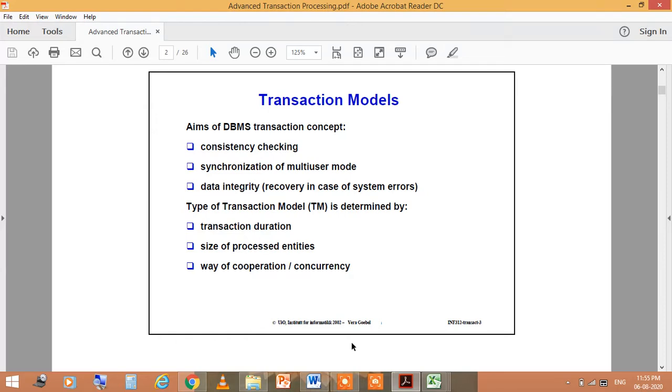So the aim of the DBMS transactions concept is consistency checking, synchronization of multi-user mode, data integrity, recovery in case of system errors, and then the types of transaction models, that is TM in short. This is determined by transaction duration, size of process entities, the way of cooperation, and concurrency.